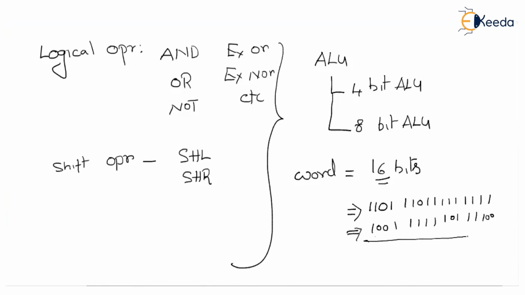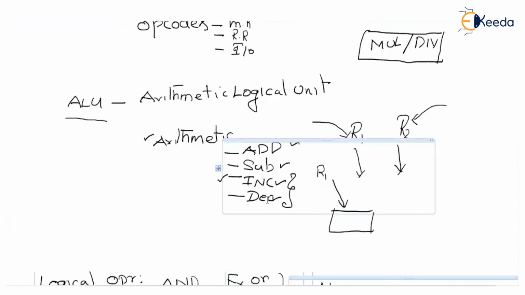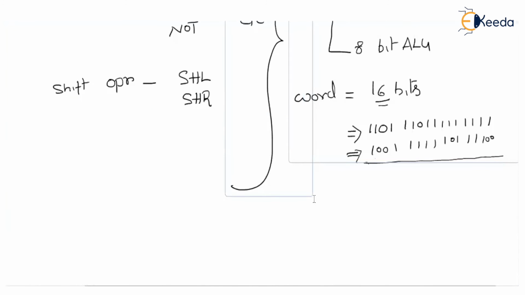Between these two 16-digit numbers, any operation is going to get performed, right? Now, where is this operation going to get performed? This operation is going to be performed in my ALU, right? The operation will be performed in ALU.